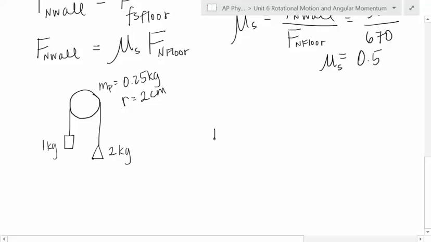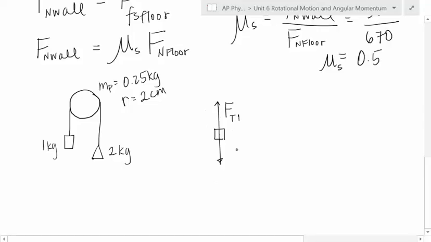First thing we needed to do was draw the free body diagram. And I think most of you got those right. But now that we have a mass-full pulley, the tensions are different. Because you have to have a difference in tension to cause a difference in torque, and you have to have a difference in torque to cause the thing to revolve.